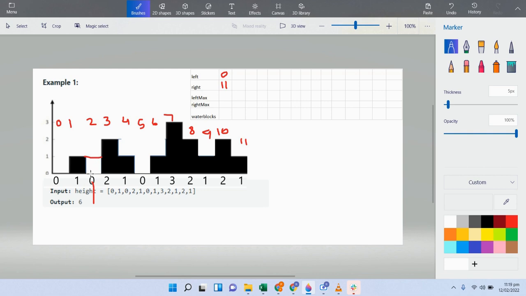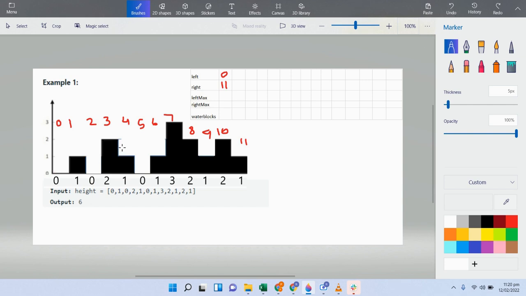Based on that boundary, I can calculate this cell value. If for instance I want to see if there is some water over here or not, and I'm not keeping track of the left maximum value, I cannot see how much water this point can save. All right, so I will explain this point again.